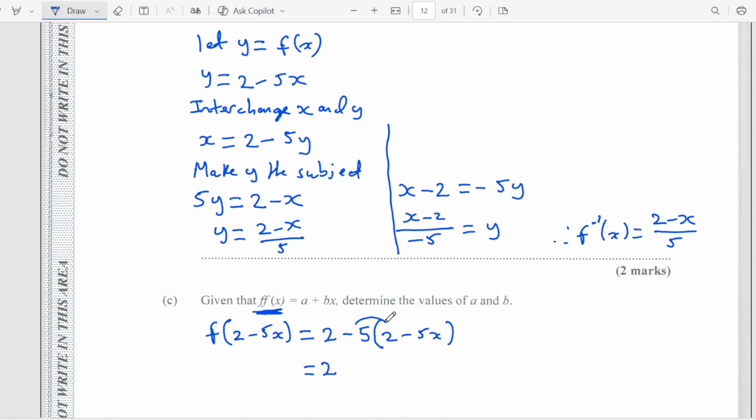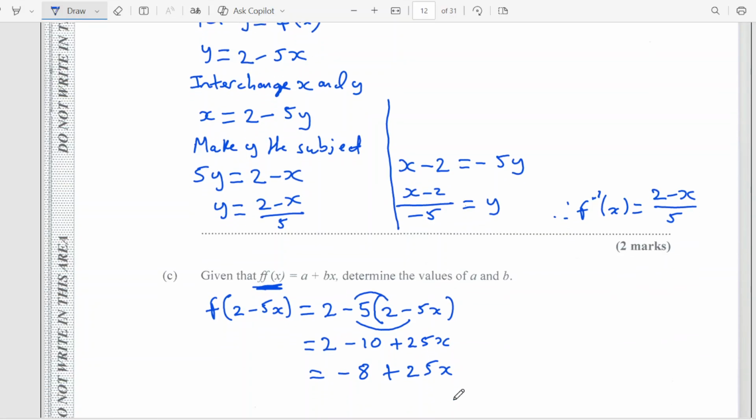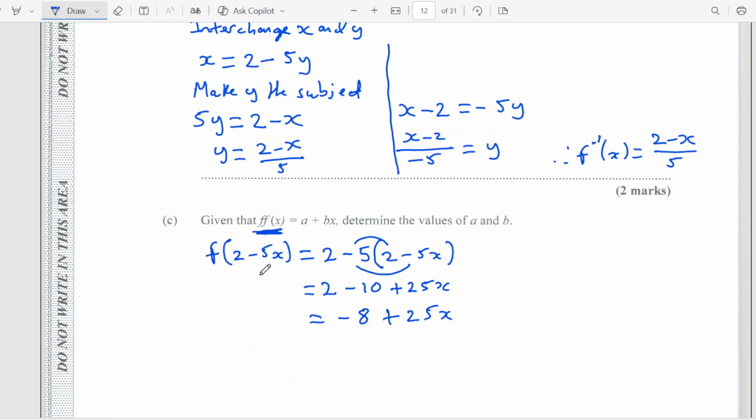Negative 5 by 2 is negative 10. Negative 5 by negative 5x is positive 25x. 2 take away 10 is negative 8 plus 25x. So from this expansion, we could equate this.